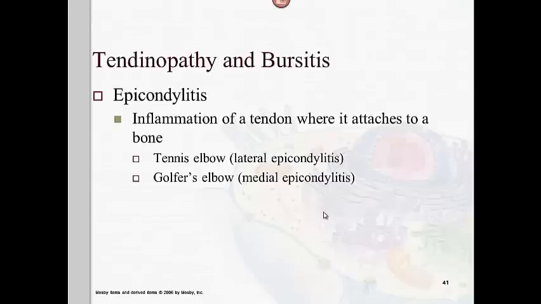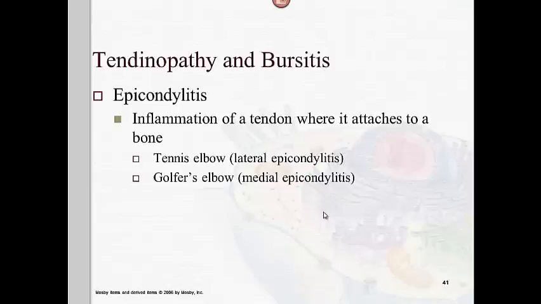Diagnosis is basically by examination or provocative testing, and the treatment is rest, NSAIDs, physical therapy. So you could get epicondylitis, for example, if you're using a manual screwdriver or hitting a backhand shot with a racket. In resistant trainees, you could get lateral epicondylitis. That's why it's called tennis elbow.